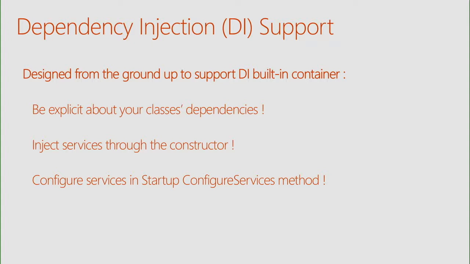We depend on interfaces, on abstractions, and we don't new things up, otherwise our application becomes so coupled. So we have to make our dependencies explicit in the constructor, and we configure our services in the startup configuration method.